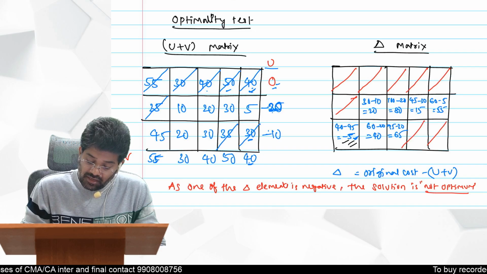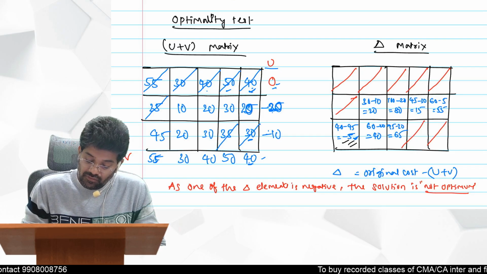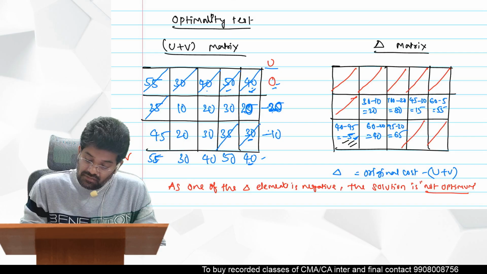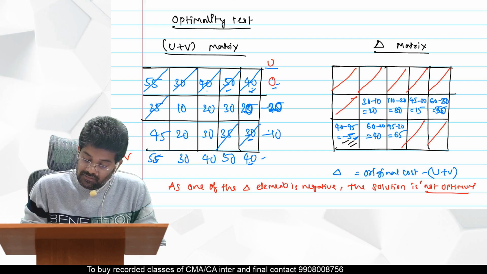Why we have taken 5? 40 minus 20 is 20, no? 20 we have taken. 40 minus 20 is 20. 50 minus 20, 30. Yeah, rest of the things I have taken correct. So 60 minus 20, this is 30.